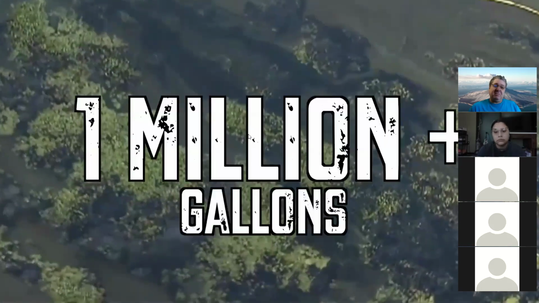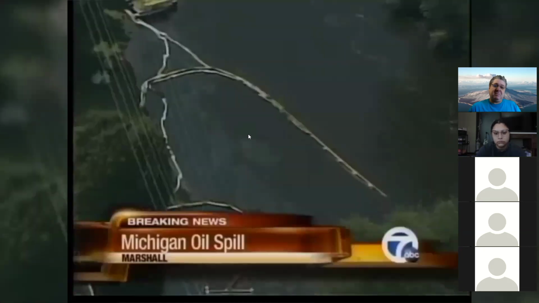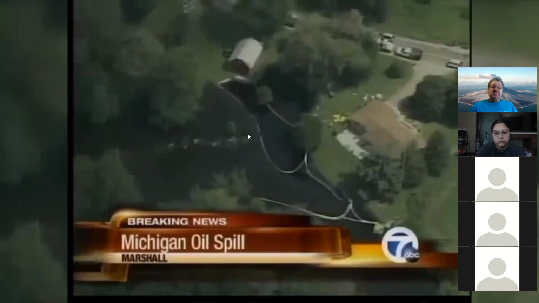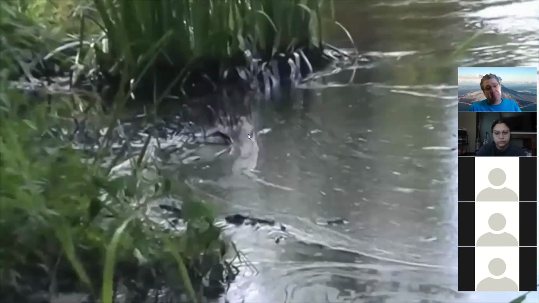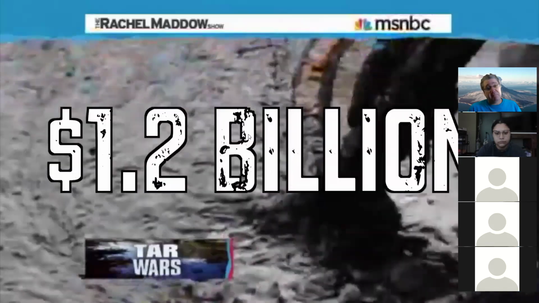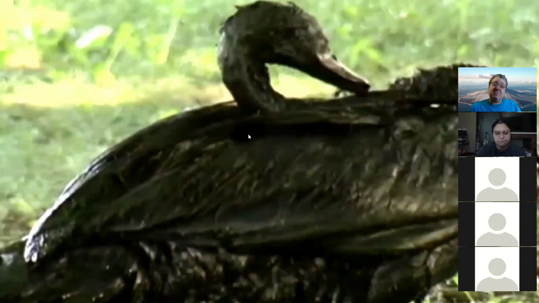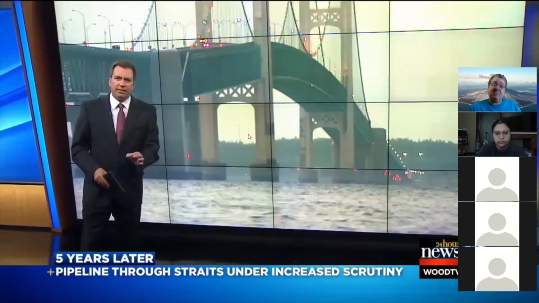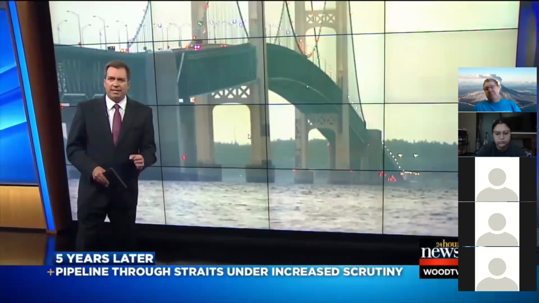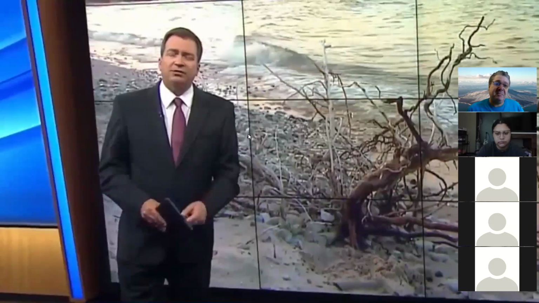More than 1 million gallons of tar sands made its way into the Kalamazoo River system. They just declared a state of emergency here in Calhoun County. I'm told that there's very toxic chemicals in this oil. Cleanup cost was estimated at $1.2 billion. Ecologically speaking, the river system still has not recovered from this disaster. 5 years after the worst inland oil spill in the country, there's another pipeline running through our state, and some say it's another disaster waiting to happen.